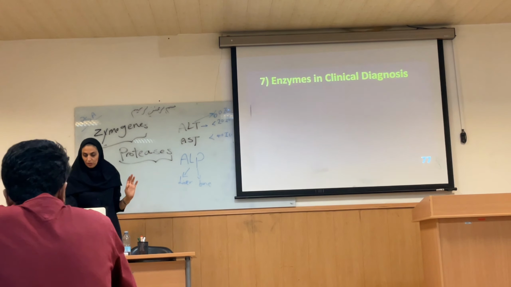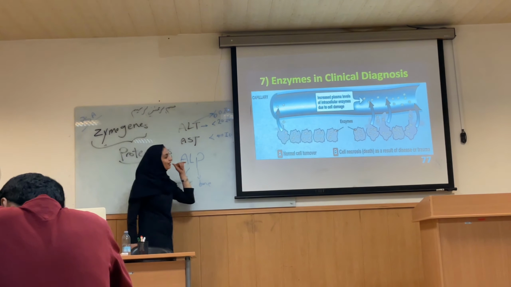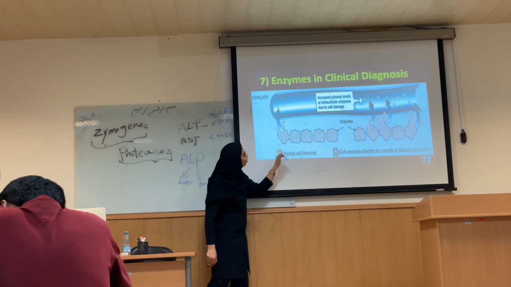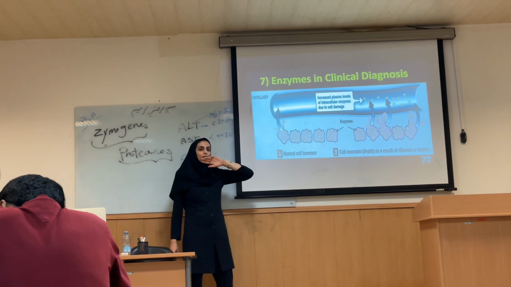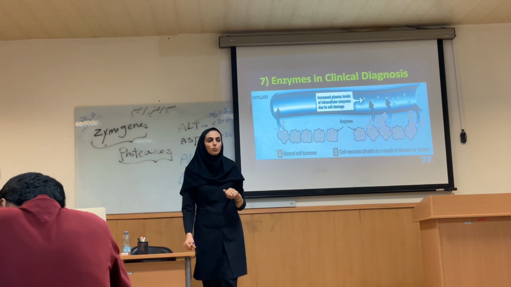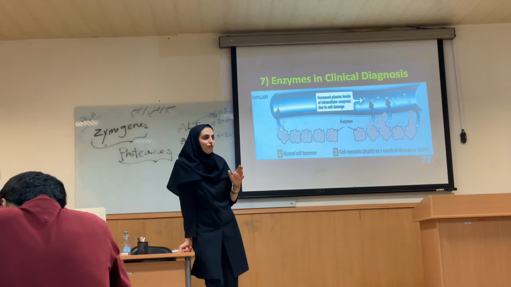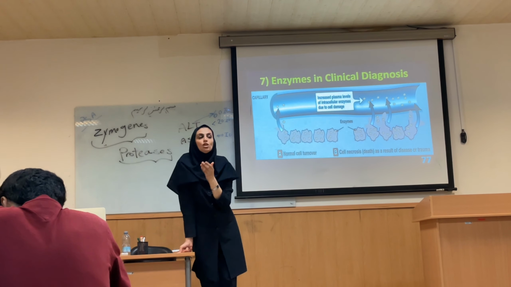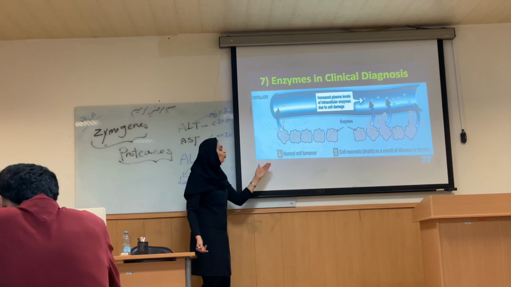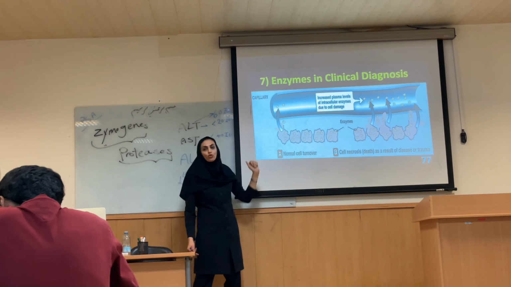It is just for your information. It's extra information. Guys, I explained to you about the normal turnover. You can see here, for example, not about liver cells, which may be a little difficult, but about your red blood cells. After 120 days, your red blood cells, or RBCs, start to be destroyed.